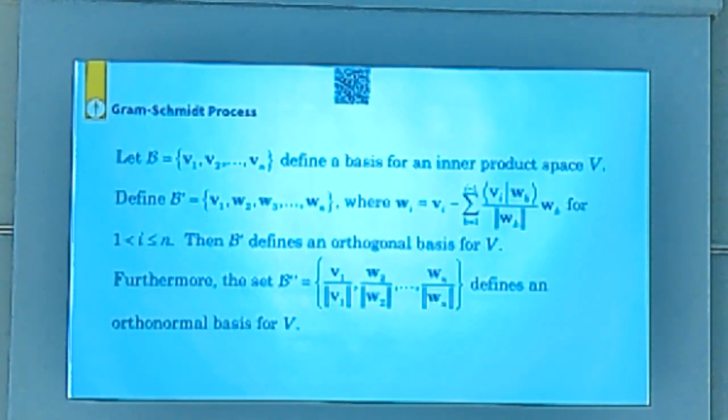The Gram-Schmidt process itself is the iterative process of finding each w. That's the process. Depending on the inner product space, it's a massive pain.